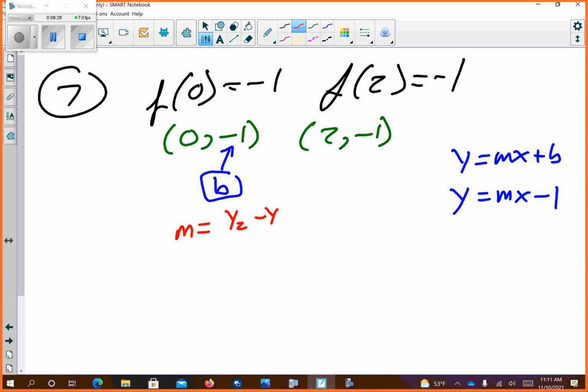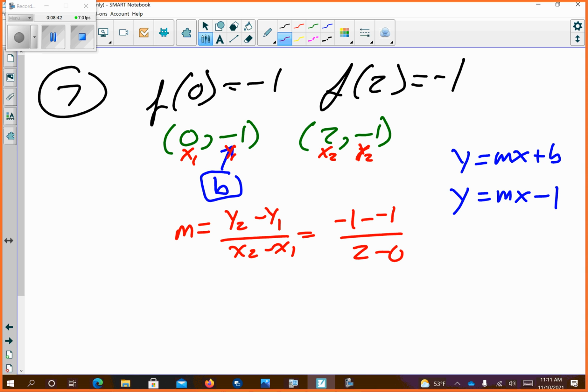So I just need to find the slope now. So I have x1, y1, x2, y2. I get negative 1 minus negative 1 over 2 minus 0. So let's recognize this. That's a plus, yes?